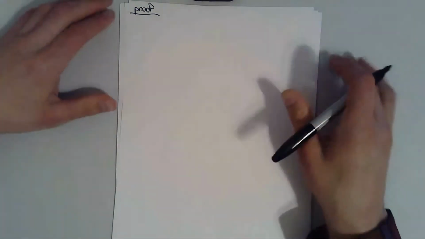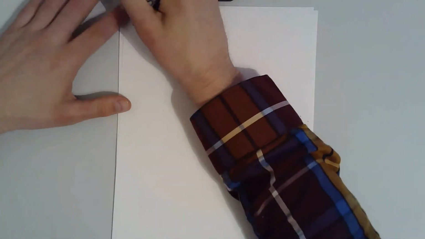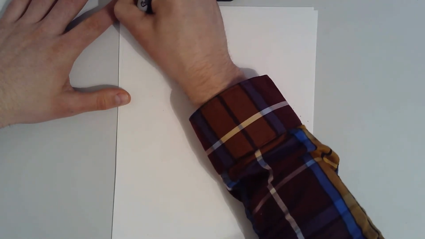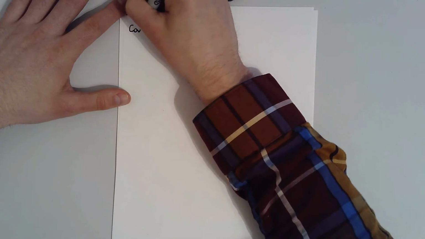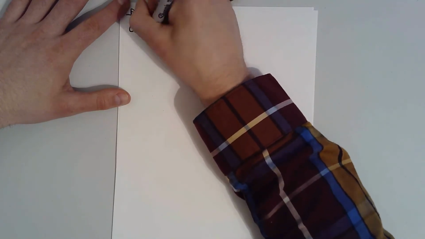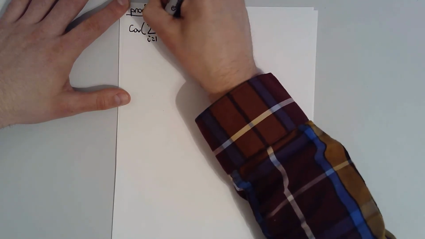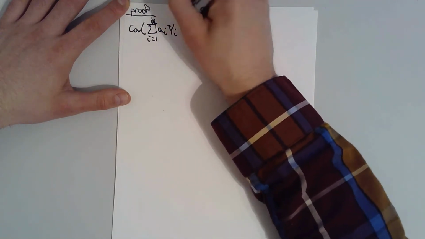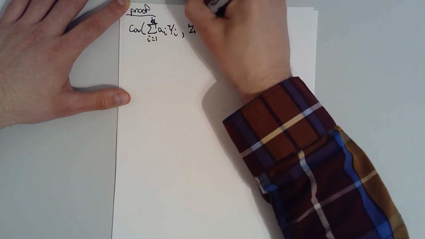So to prove this, we'll start with property 2. Up to k, a sub i, y sub i, and z.